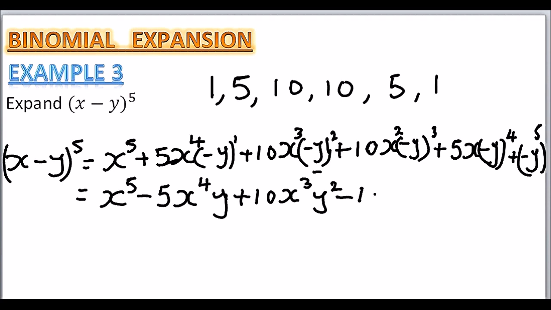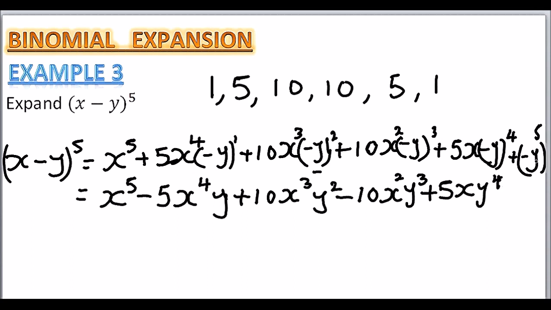So our term will be minus 10 x squared y cubed. Here we have minus y to power 4, so it will be plus y to power 4, so we end up with 5x y to power 4.